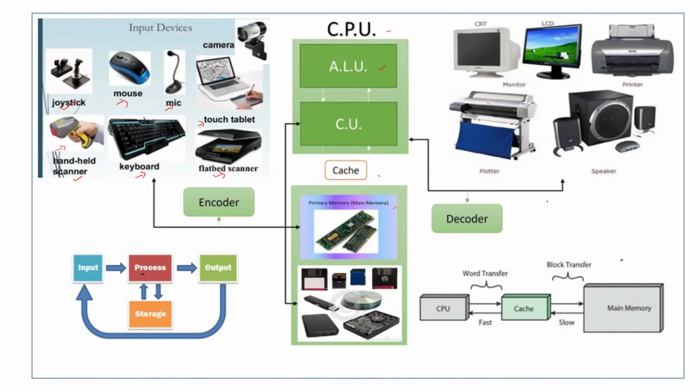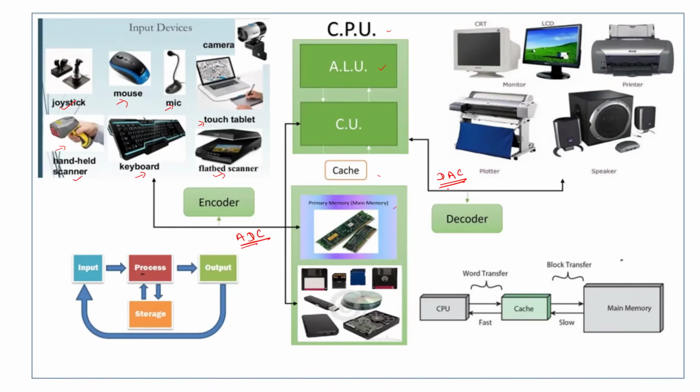And here we have decoder sections. Decoder means information is converted from digital to analog, so for that we have digital to analog converters, and on the input side we have an analog to digital converter. Since human beings are familiar with giving inputs in an analog way, the encoder here is an analog to digital encoder.